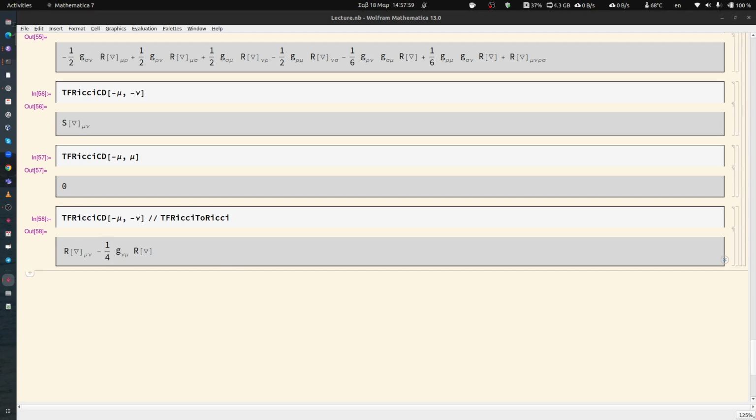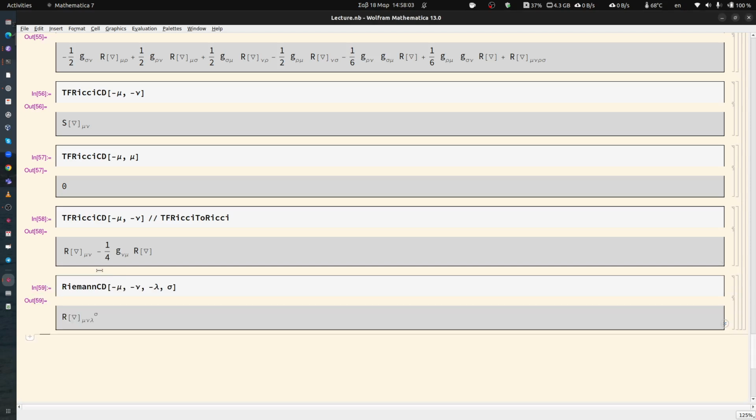We can also take expressions that involve the Riemann tensor, like this one, and write them in terms of the Christoffel symbols, of the covariant derivative or the affine connection that the Riemann tensor comes from. The function to do this is called RiemannToChristoffel.